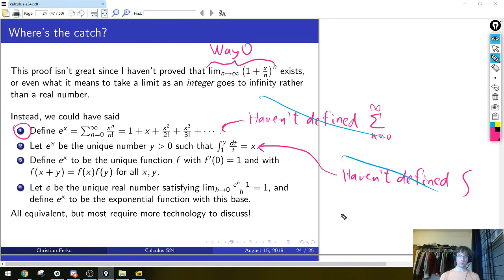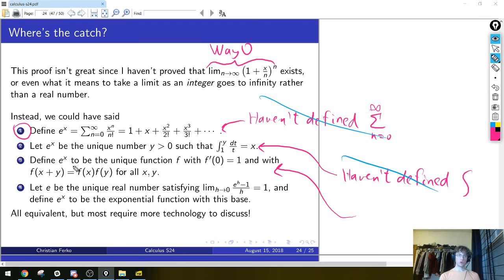Here's another one. We actually could have done it this way. Remember we defined an exponential function as a function which is strictly increasing, strictly decreasing, or constant, and which outputs only positive numbers, and which satisfies this nice multiplicative property that f of x plus y equals f of x times f of y for all x and y.